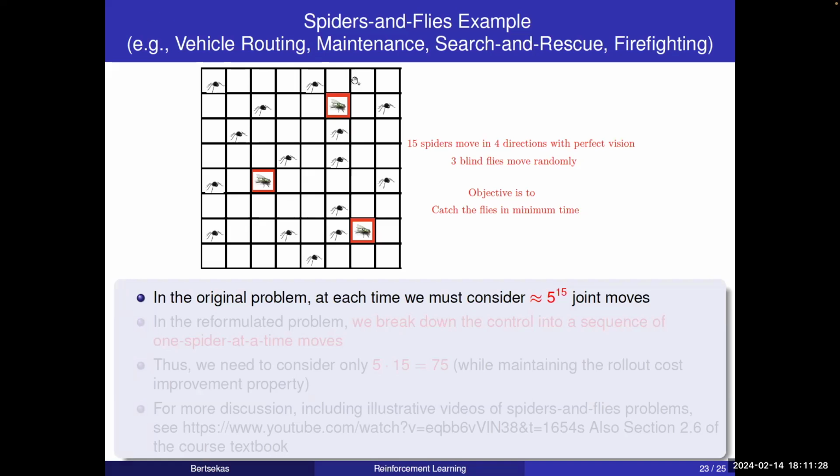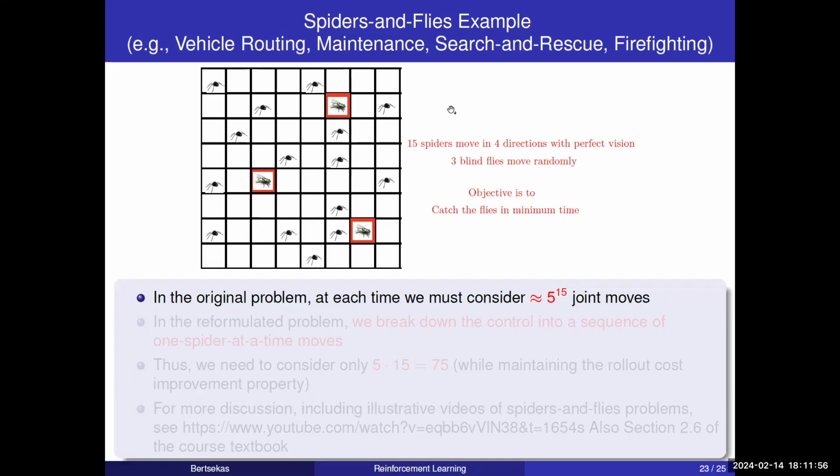So in this case, we have spiders and flies that are operating on this grid graph, and the flies are sort of like tasks, and the spiders are sort of like vehicles. And the objective is to catch the flies, which means that the spider occupies the same space as the fly. So if that happens, then the fly is caught.